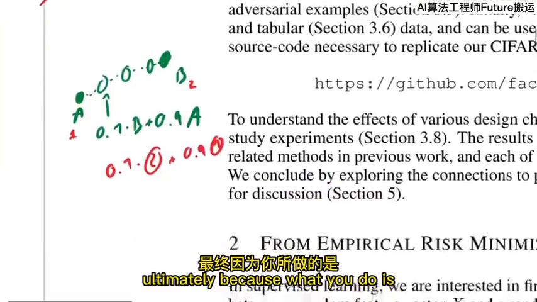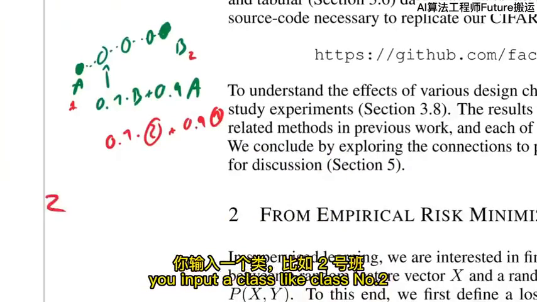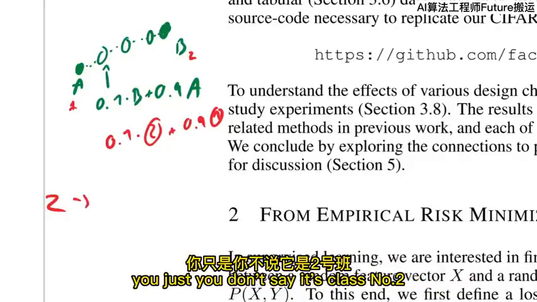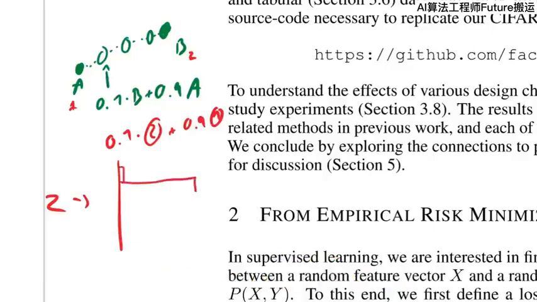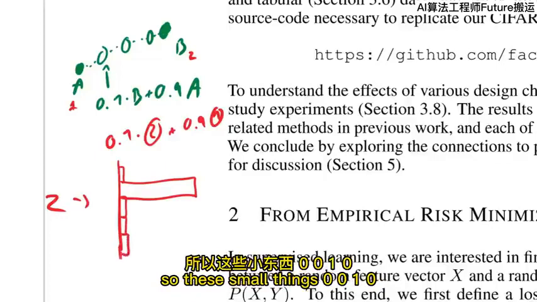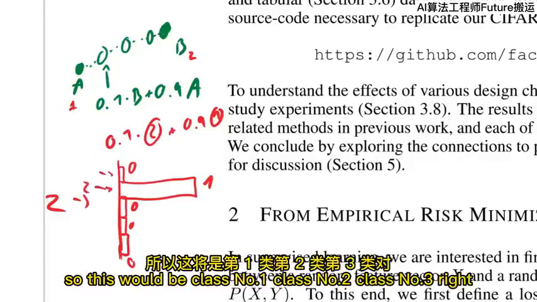Ultimately, because what you do is you input a class like class number 2. If you want to input this into a machine learning model, you don't just say it's class number 2. What you input is a distribution that basically has zeros everywhere. So these small things, they're 0, 0, 0, 1, 0. And this here is at class number 2. So this would be class number 1, class number 2, class number 3, right?